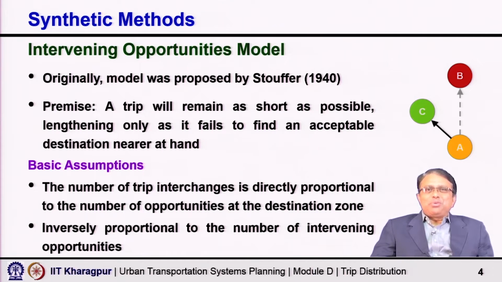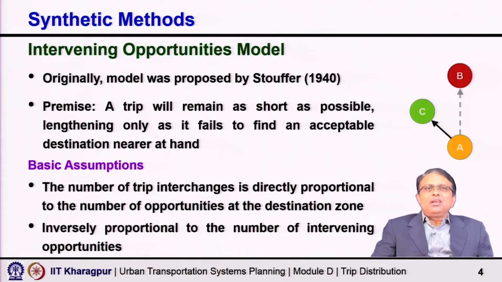You want to stay nearby, but you have to find suitable accommodation there. If you do not find it, you say okay, let me go a little farther. If you still do not get it, then again you travel some more distance, maybe another 1 or 2 stations along the suburban line away from the CBD. So, that is the basic premise.